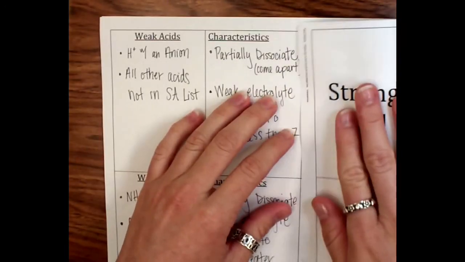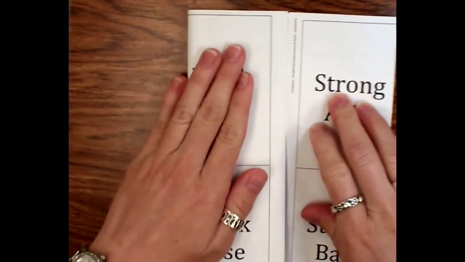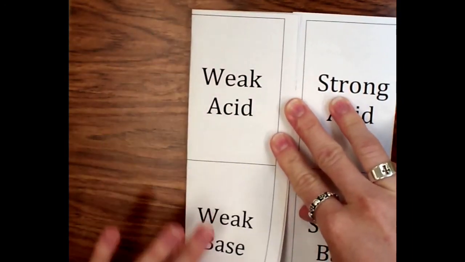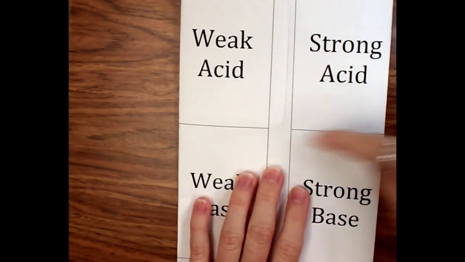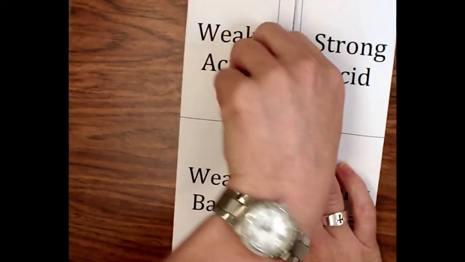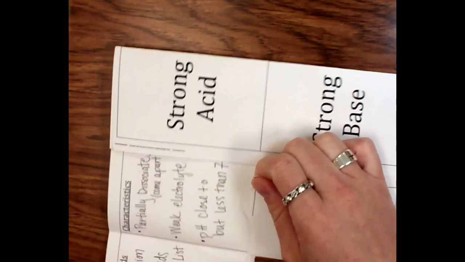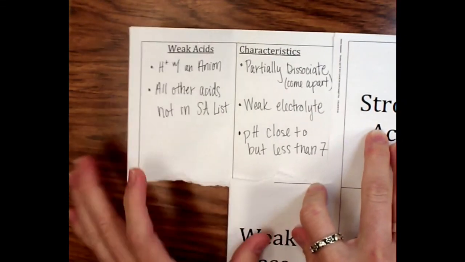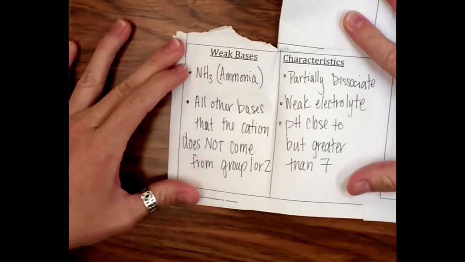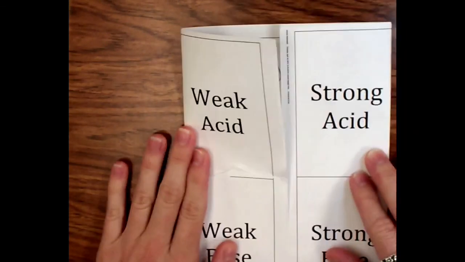Fold it in towards the middle on one side, then fold in from the opposite side. You can cut on these lines to make little flaps, so that when I open one, all I see is stuff about a weak acid, and when I open the other, all I see is a weak base. Your call: fold it, leave it open, do as you wish.